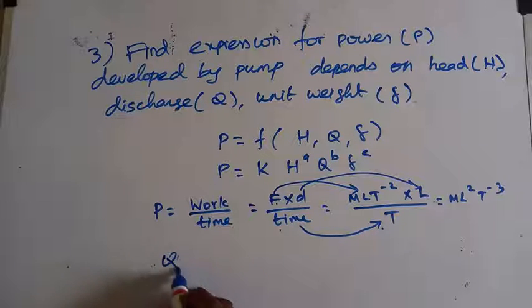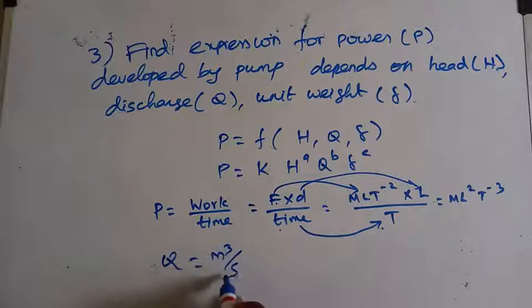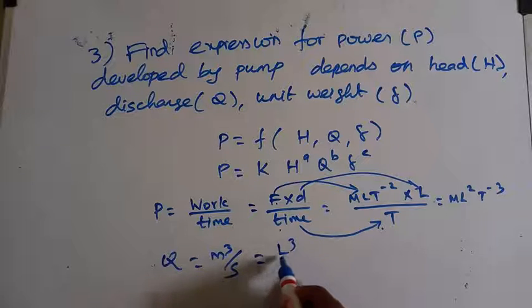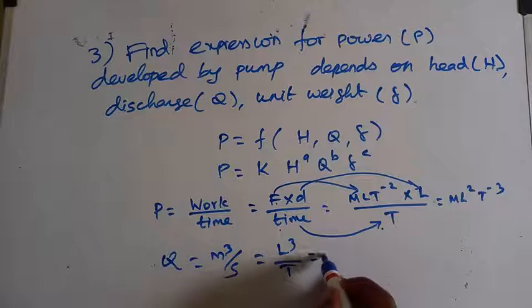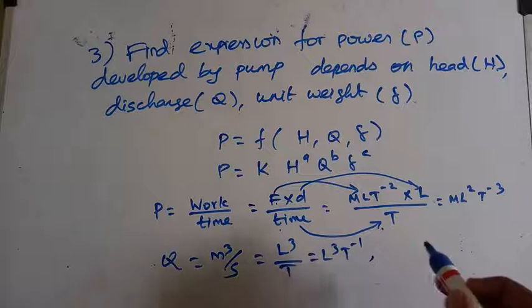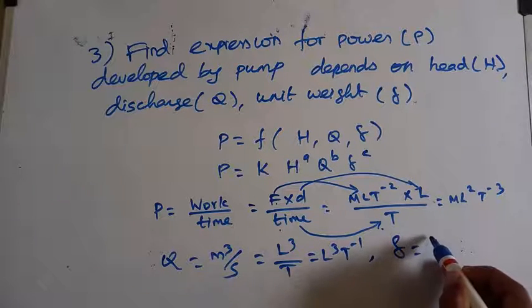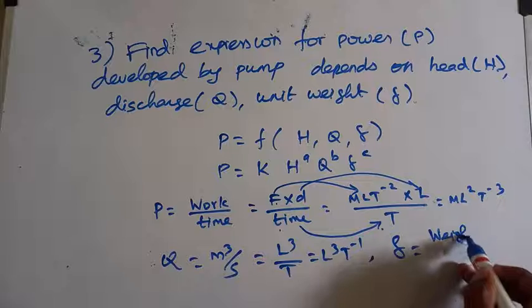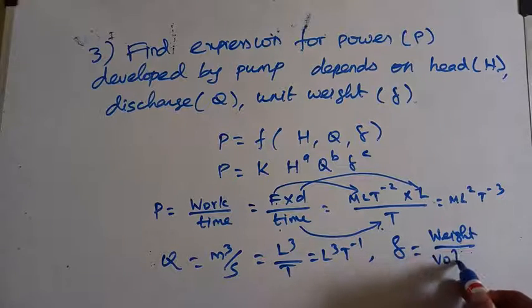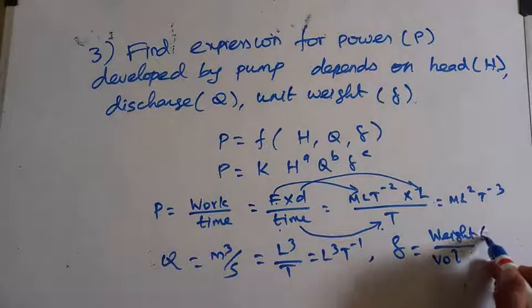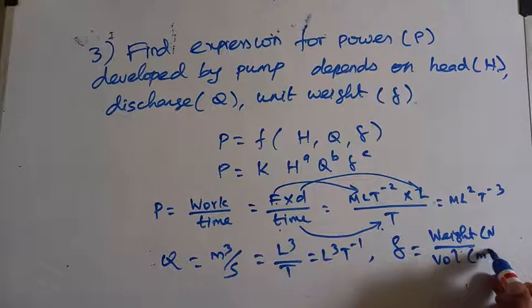Like that, discharge's unit is meter cube per second. We know for meter cube, L cube, by second for T. So I am writing it as L cube T power minus 1. For unit weight, I know unit weight is nothing but weight by volume. For weight the unit is Newton, for volume the unit is meter cube.